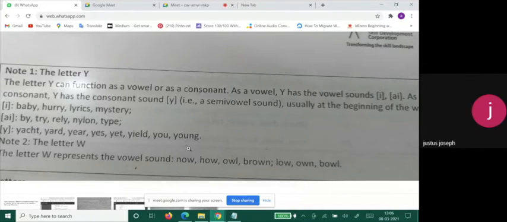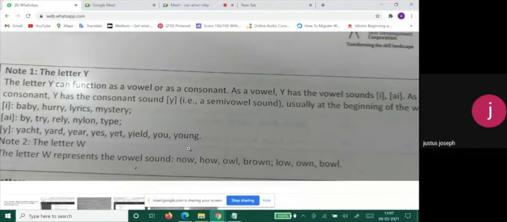E is a vowel in any language. So one sound is I, which sounds like E: baby, hurry, mystery. Okay.